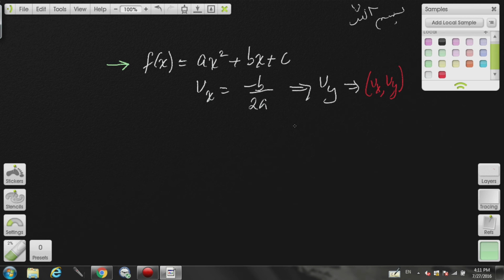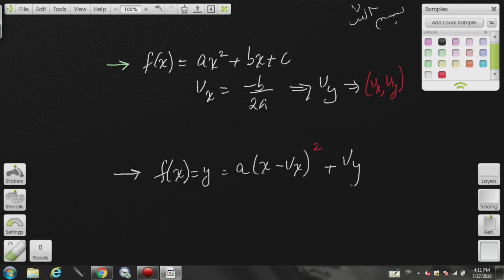Now, I have said this is not the only way to write an equation of a parabola. There are 2 other ways that we're going to familiarize ourselves with. But not today. I'm going to do that next time, so I don't overwhelm you. The second way, however, I'm just going to introduce. The second way of writing parabolas is y equals f of x, or y equals a times (x minus Vx) squared plus Vy.